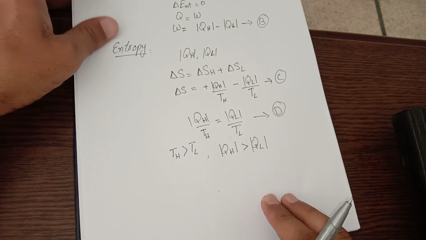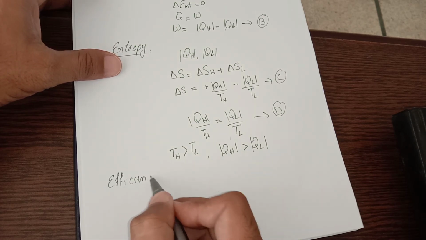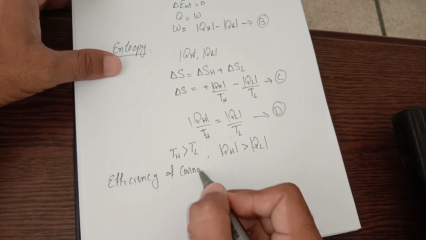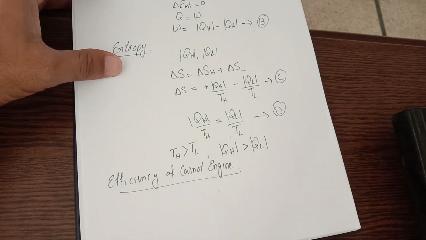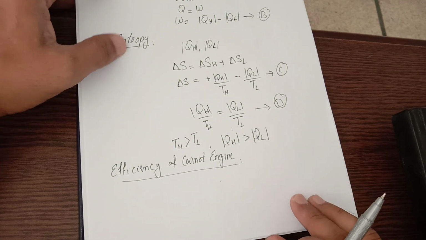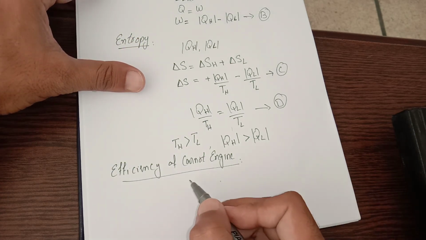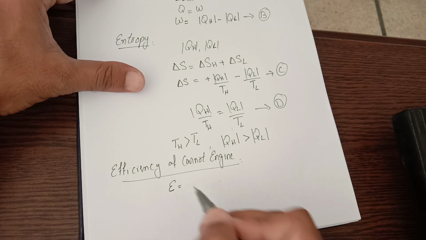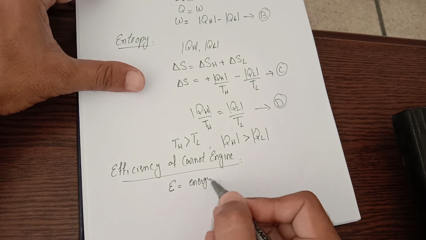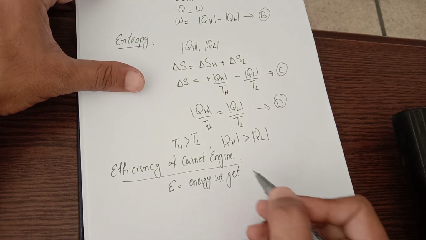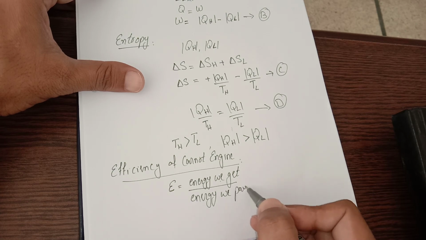In the next step, I want to calculate the efficiency of a Carnot engine, and since this efficiency is in terms of heat, it should be termed as thermal efficiency, and it is represented by this sign, and it should be equal to the energy that we get from a heat engine over the energy we pay for.